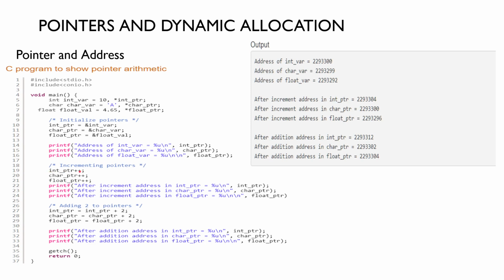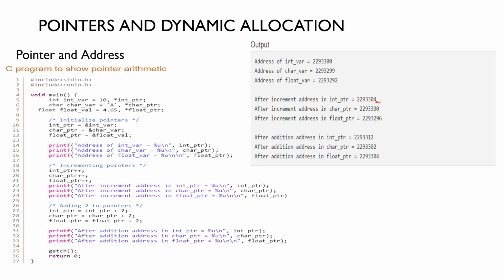We increment the pointers using the ++ postfix operator. And what this will demonstrate here is that pointer types are incremented according to the size of the data type they refer to in memory, which is why I told you all about that last time. So we see we have 2293300 here. After we increment it, we are at 2293304.